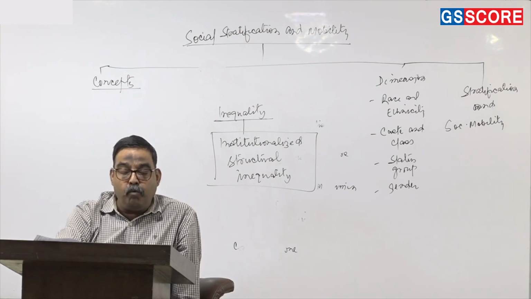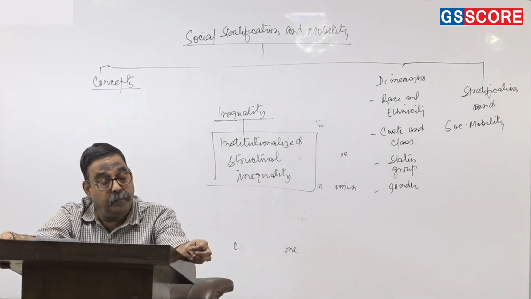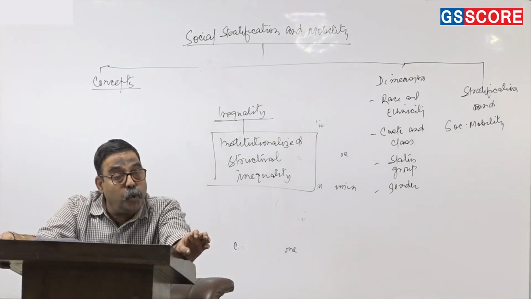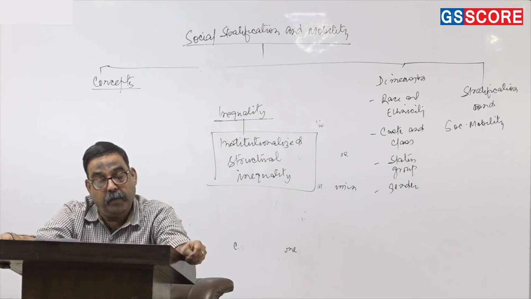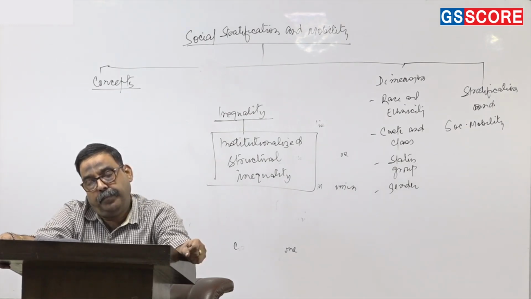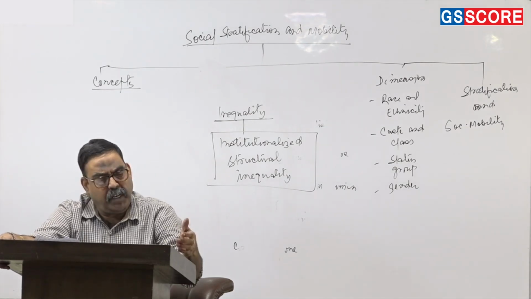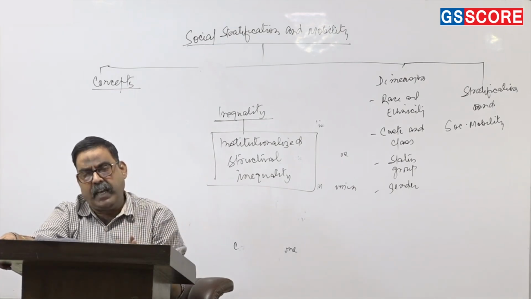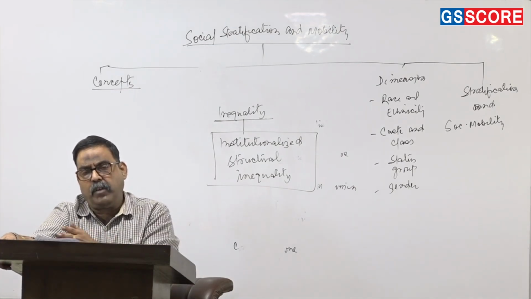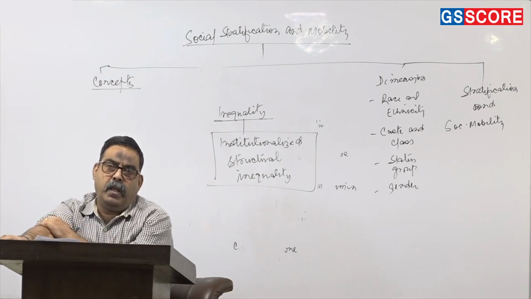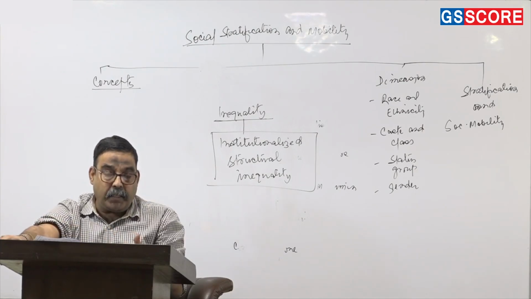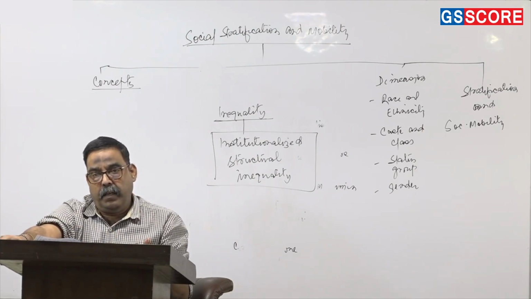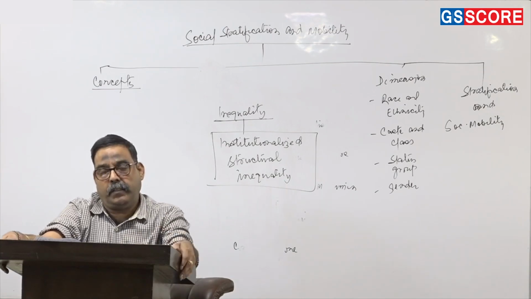It's basically a movement, but there is no change in the status. A worker shifting from one factory to another as a worker. No change has come, neither in terms of status, nor in terms of wealth, nor in terms of anything else. So horizontal mobility is reflecting a movement without change in the status.